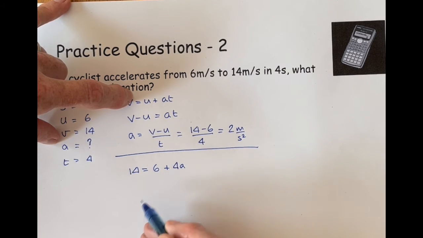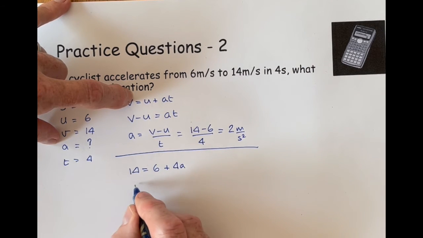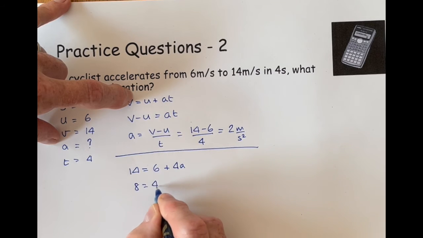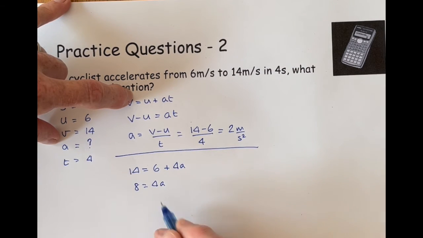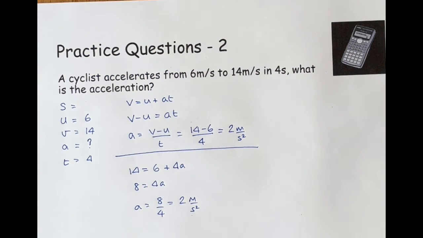Then it's perhaps a bit easier to see that 14 minus 6, 8 equals 4a. Then divide both sides by 4, equals 8 over 4, which equals 2 meters per second squared. Just another way of doing it. So for some of the more complicated equations, you might find that an easier method to do it.